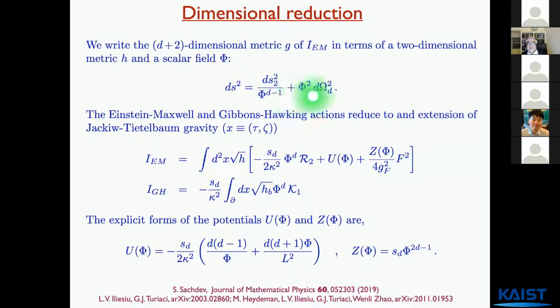Okay, so it turns out that there's another parameter phi that you have to introduce. When you dimensionally reduce from 4 to 2, you get a scalar field phi. So now if you insert this ansatz into the Einstein-Maxwell action, which is in 4 dimensions, you get this 2-dimensional theory, and this theory is now called JT gravity. It's one version of JT gravity, where you have a 2-dimensional Ricci scalar and a scalar field phi.